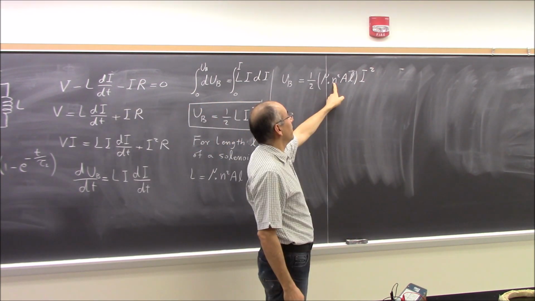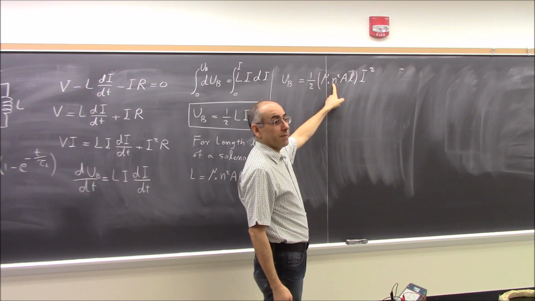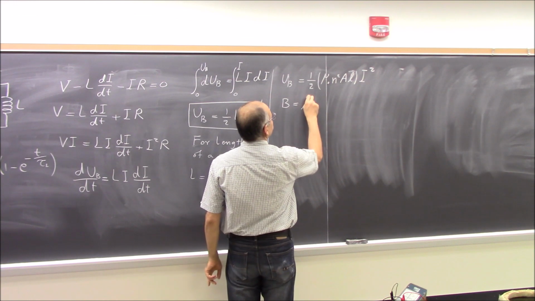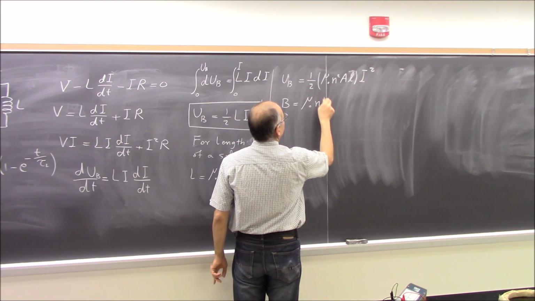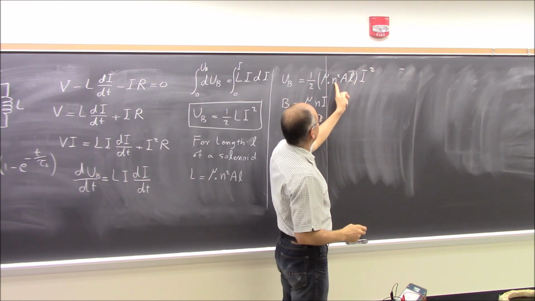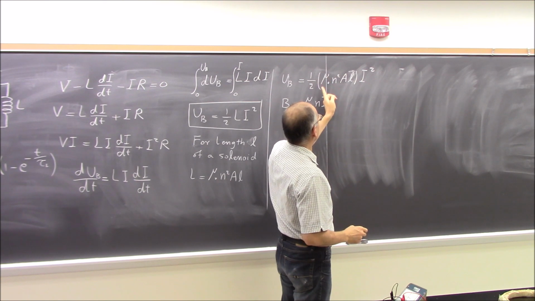Right? I want to write this in terms of the magnetic field inside the solenoid. We know the magnetic field inside the solenoid is what? Remember? It was mu naught n I. So we have this n and I. These are both squared. If I want mu naught squared, I multiply by mu naught, divide by mu naught.